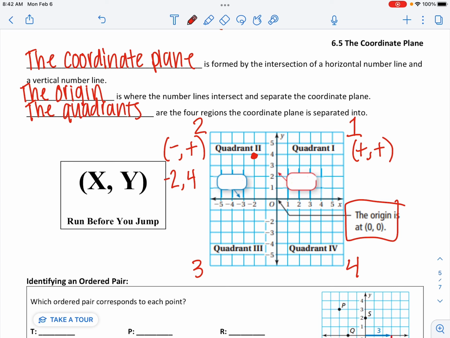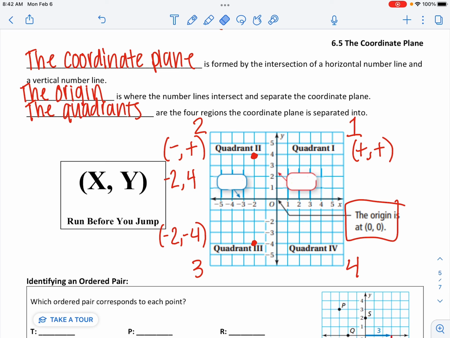In quadrant 3, you can see right here and right here that both of our numbers are going to be negatives. So if we had negative 2, negative 4, we would go to the left 2 and down 4, and we'd be in quadrant 3.